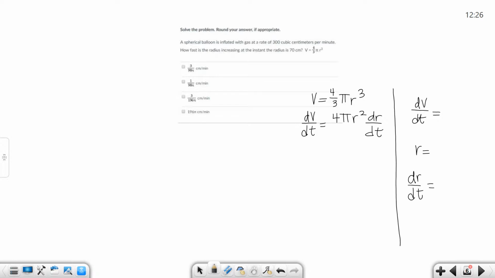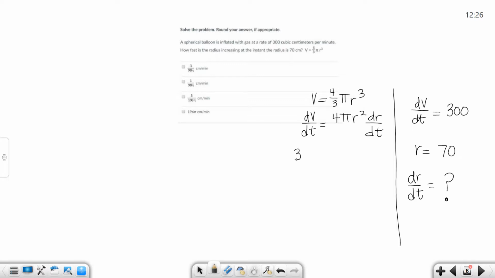You'll notice that it gave it in cubic centimeters. Volume is measured in cubic units, so the 300 is going to be your dV/dt. It also asks you in the second line, how fast is the radius increasing? That's your unknown. I don't know how fast the radius is increasing. It tells you that the radius is 70.